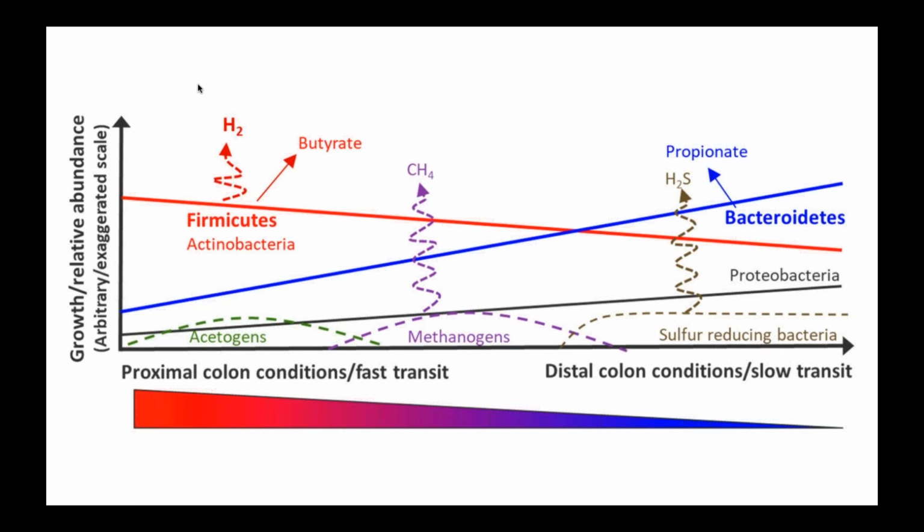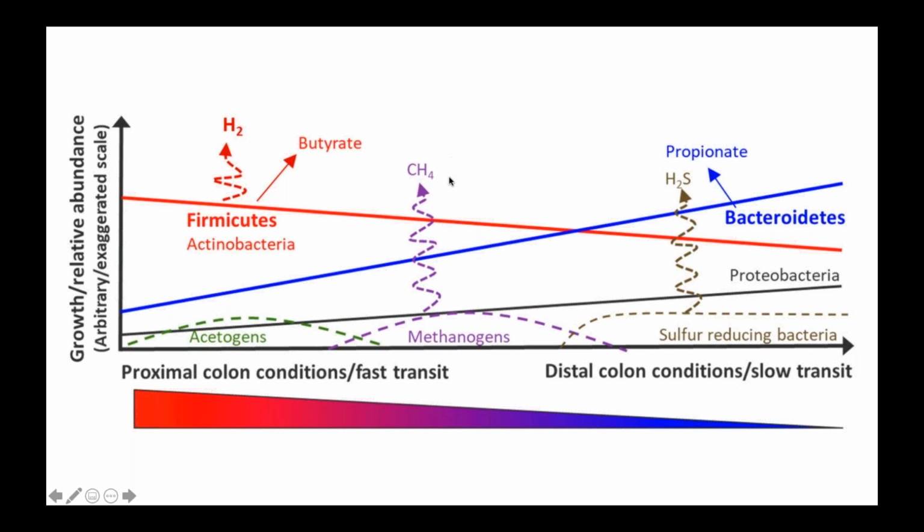And in that process, they produce hydrogen in the breakdown process, which can lead to butyrate, of course, which is a beneficial product. And then hydrogen, if it accumulates, may contribute to symptoms. But the role of the methanogens in this case is to consume that hydrogen and then produce methane.